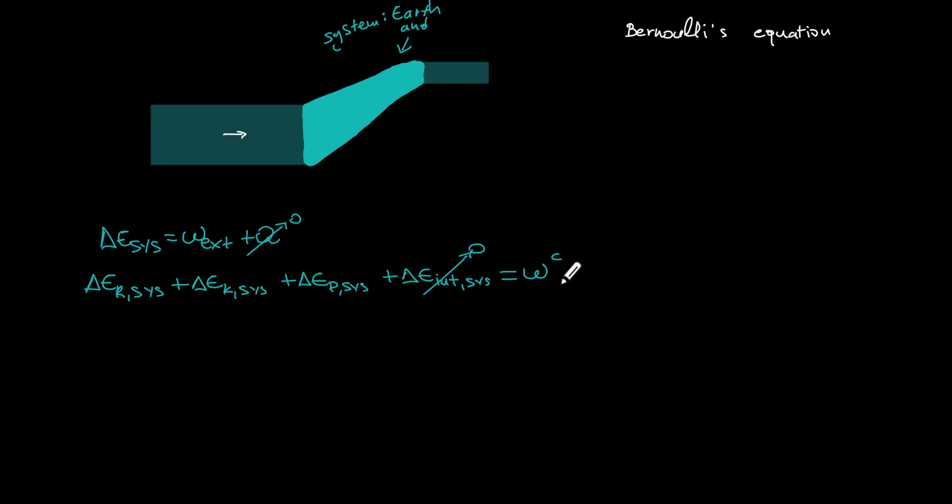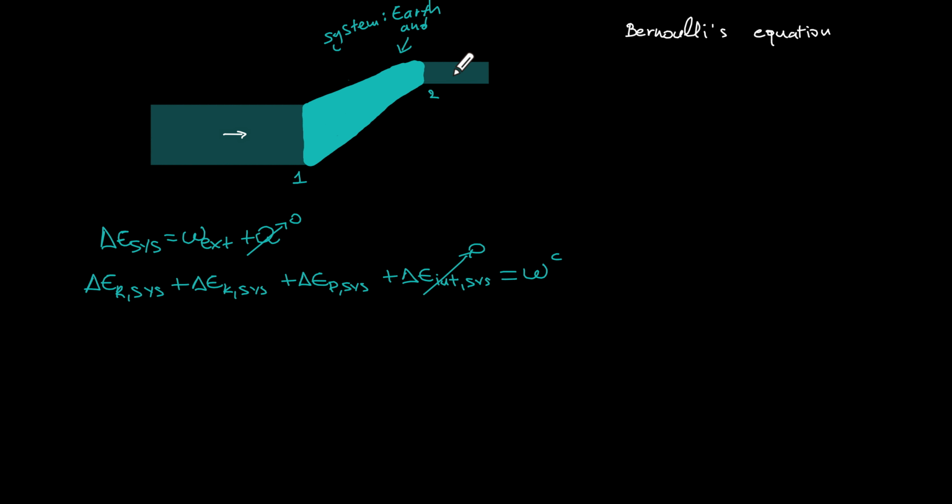Now this will be the work. Let's make this to be 1. Let's say that this is 2. So by 1, I mean here. By 2, I mean here. This will be the contact work that is done from the surroundings. Now, because the system includes the earth and this part of the fluid, this part of the fluid, 1, is part of the surroundings and it is pushing on my system to the right.